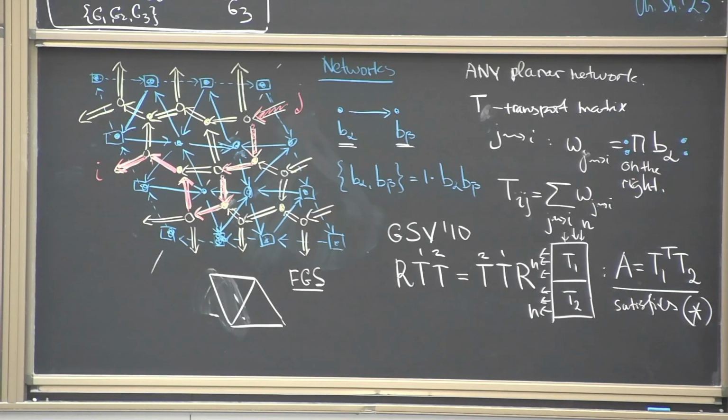So this simple construction immediately solves problem number 1. So having any such planar network, we can produce a solution to this twisted Yangian or reflection equation.